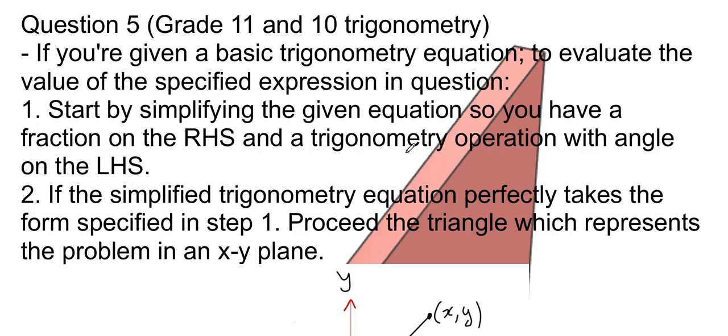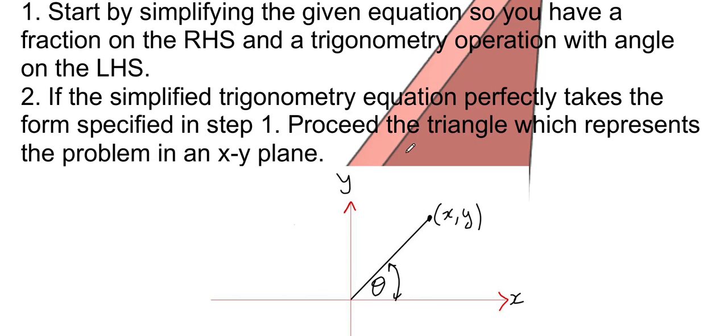Then try to make the side which has the numbers a fraction, if it is possible. And then make sure that the side with the trigonometric operation has only the trigonometric operation, with the angle put there.